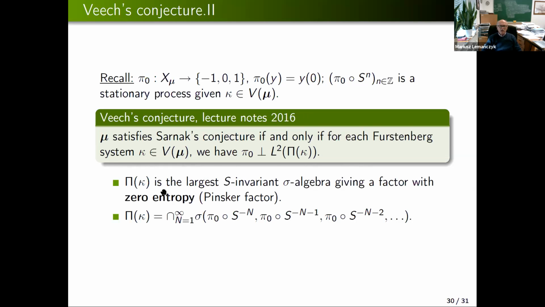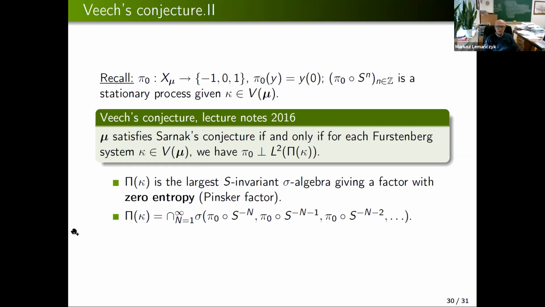This Pinsker factor is the largest factor which has zero entropy, and this object exists, and it can even be described: you take this pi 0 and then you look at the past. I go back and look at all the variables I can obtain by going to the past, starting from n, and then I take n larger and larger. So in other words, I take the intersection.